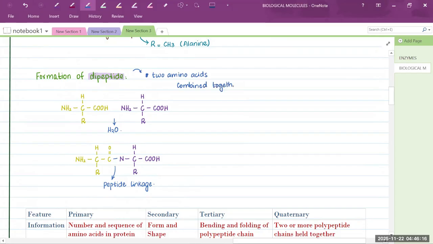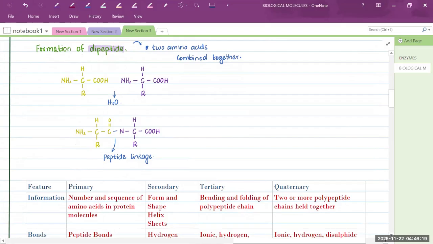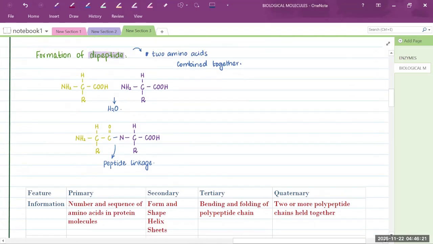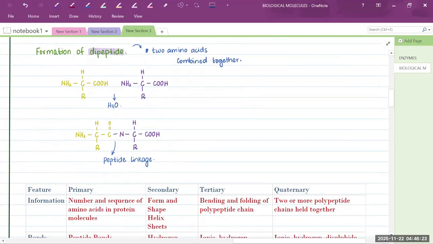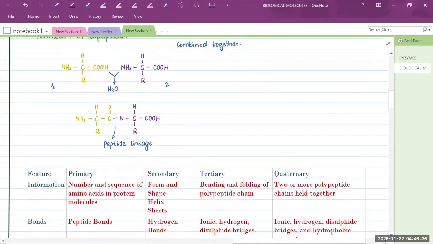So you guys have to know what the peptide linkage is. That's why I have shown it here. For example, we have this one amino acid, and we have this another one. Now these both will combine, and then we'll have this.